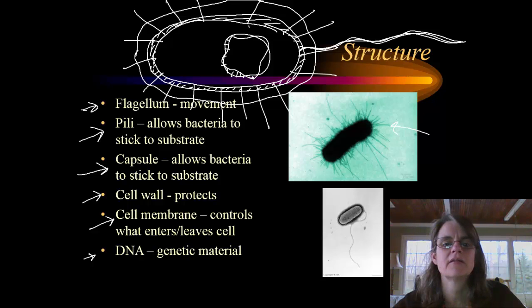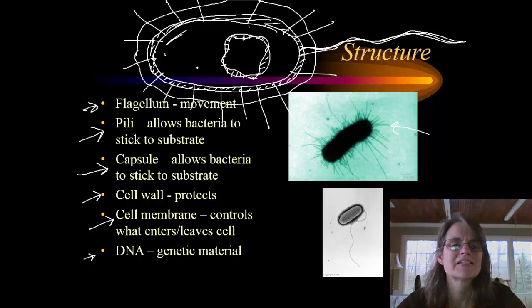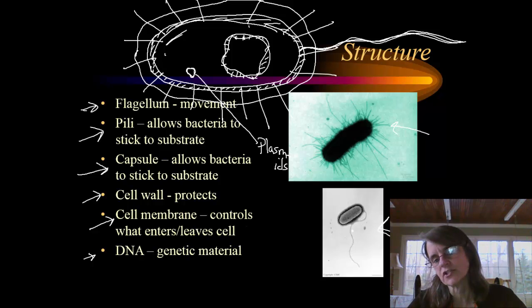And basically, that's it. That's their DNA. This all through here is cytoplasm. Sometimes bacteria also have little smaller extra bonus DNA molecules that look just like that one, only smaller and have very few genes on them. Those things are called plasmids. Whoops, so that was poor planning. We'll talk about those more in a minute. Oh, and that is a picture of a flagellum right there. You can see that flagellum.